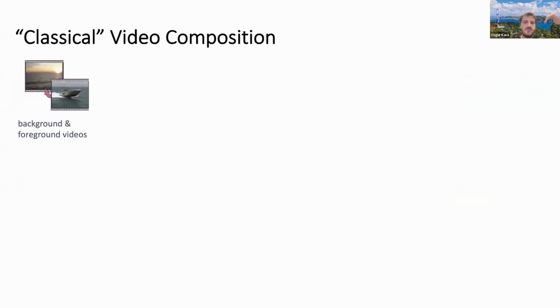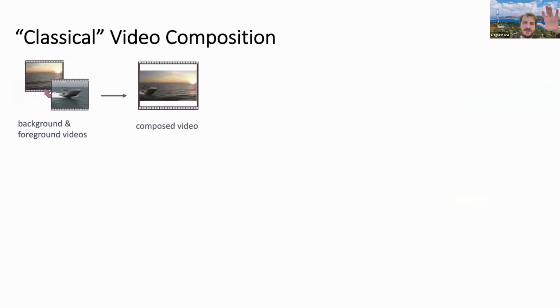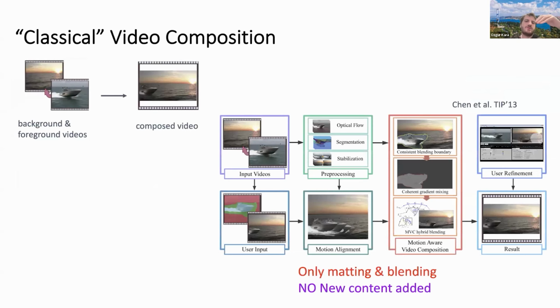So let's look at how we used to do this. In classical video composition, we take a background and a foreground video and simply stitch them together. This involves some optical flow, segmentation, and stabilization techniques. The goal was consistent blending, boundaries, and gradient mixing most of the time. But crucially, no new content is added.